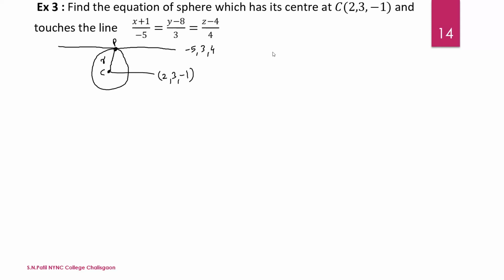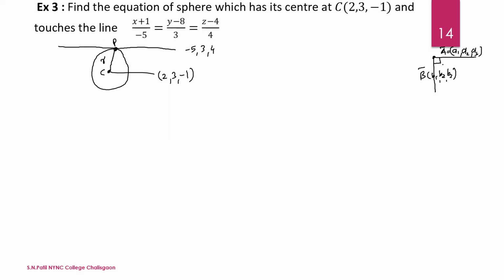We know one concept here: suppose we have a vector A bar with components A1i, A2j, A3k, and a second vector B bar with components B1i, B2j, B3k, and they are perpendicular to each other at a particular point. Similarly, here CP and this line are perpendicular.